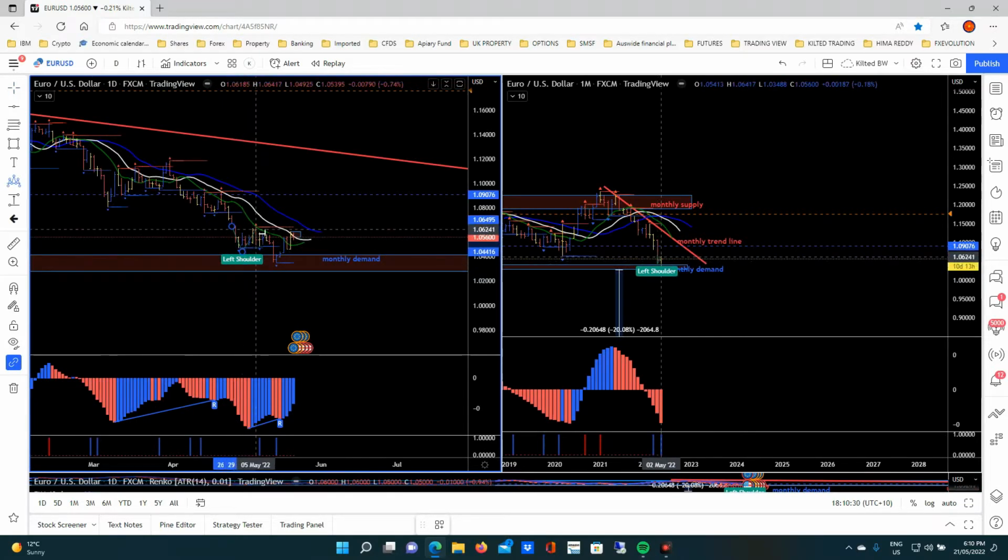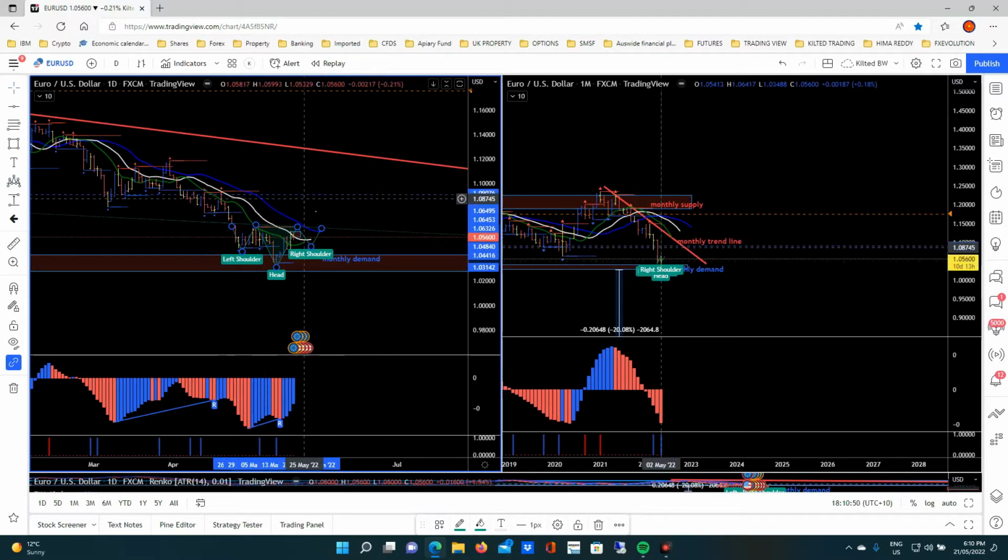We've got the left shoulder, we've got the head here. We'd be looking for it to come up to this level here, touch this level, be something like this. A skinny shoulder would be really nice, because then that means your stop loss is a little bit lower, and that's the sort of pattern we'd be looking for. So we'd be looking for price to do something like this.